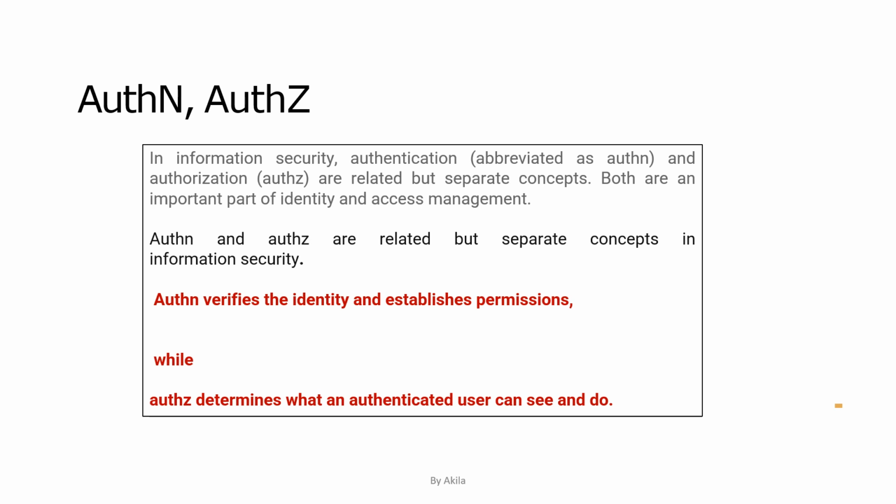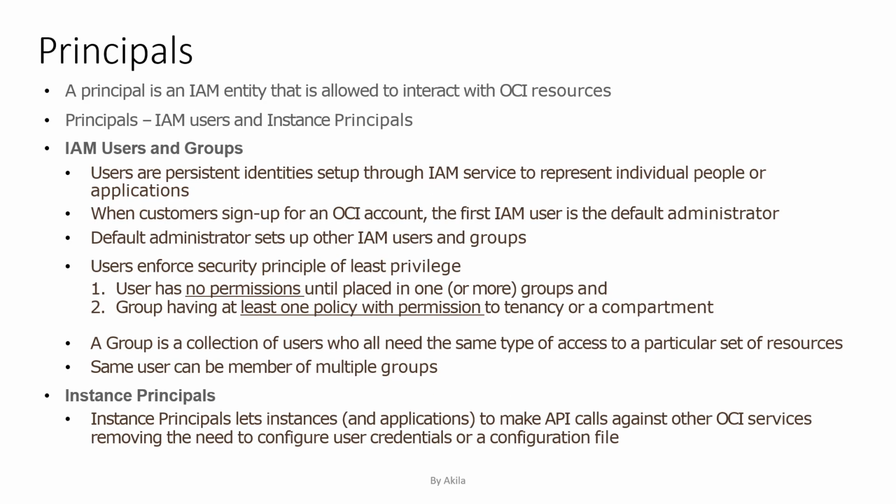Authentication verifies the identity and gives the permission. Authorization determines who are the authentic users to access the resource. So this way authn and authz will differ.